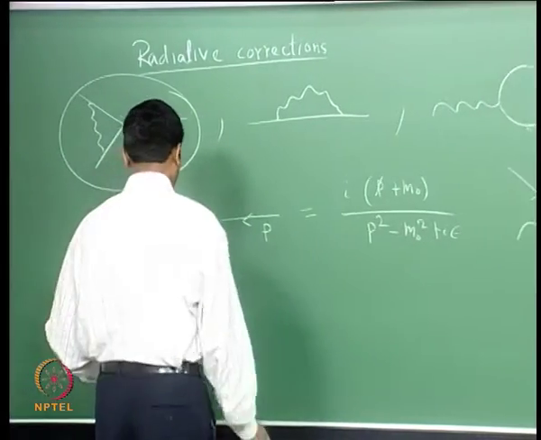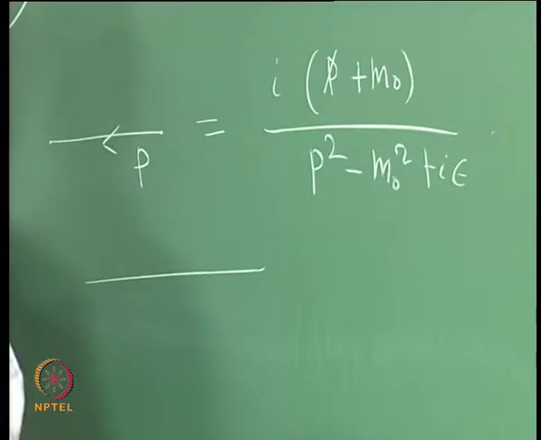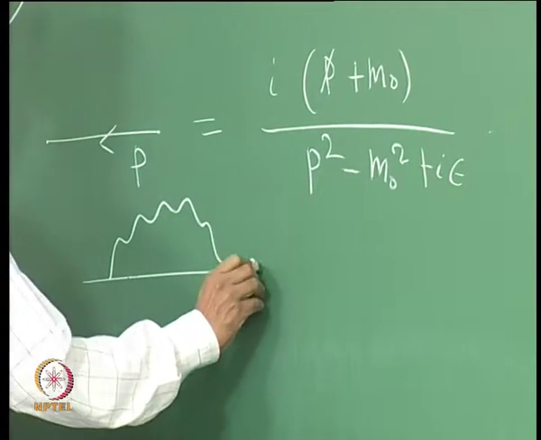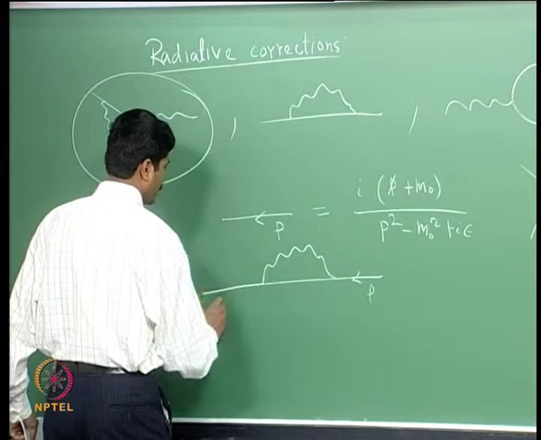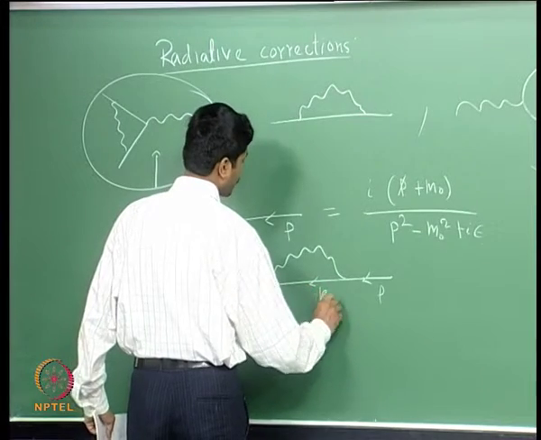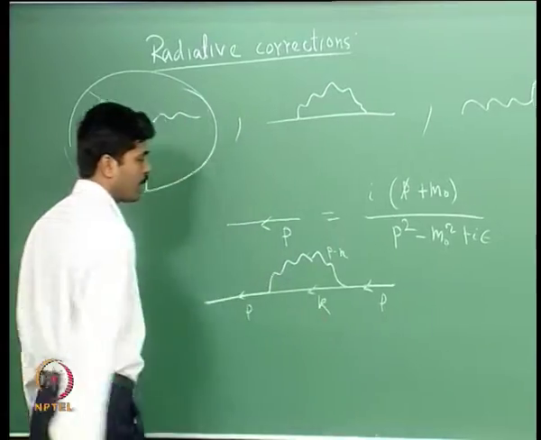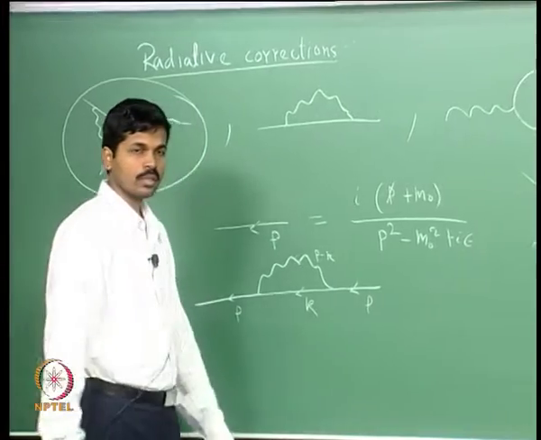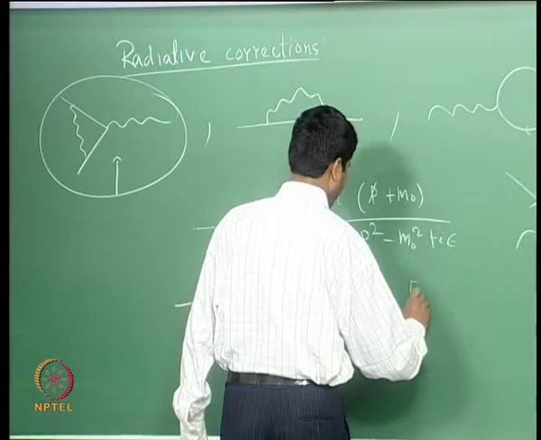So the electron self energy at one loop is given by this diagram here. I will call this p, and this is again p. If I denote this loop momentum to be k, this will simply be p minus k, and this will be the next order contribution to the propagator.